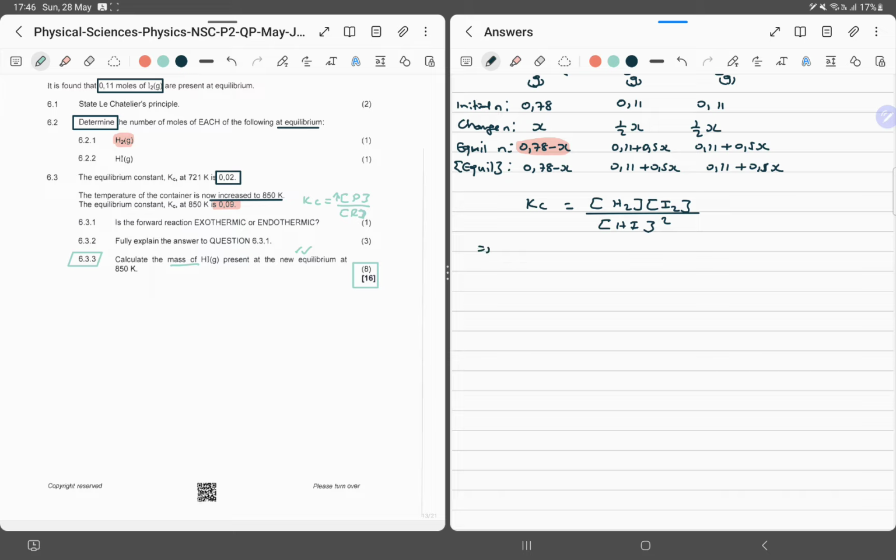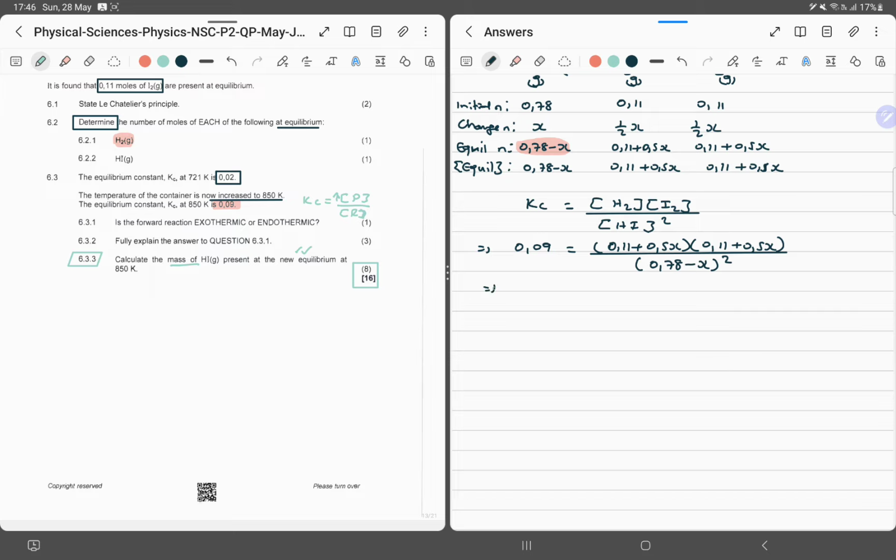Okay, this implies what is the value that they're giving us? 0.09 equals, this one is 0.11 plus 0.5x into 0.11 plus 0.5x over this one is 0.78 minus x, but then that is squared.